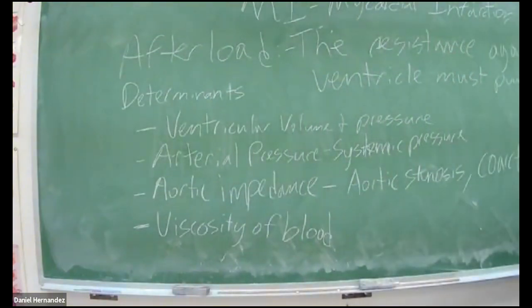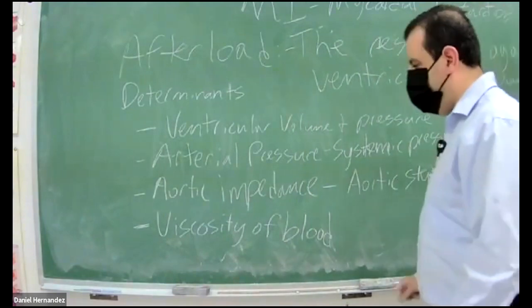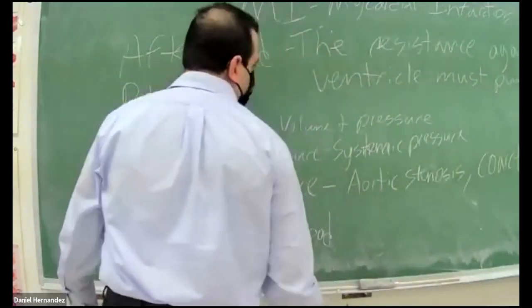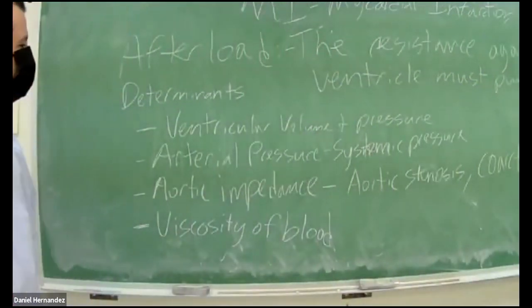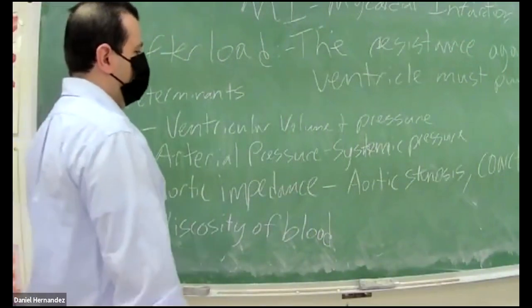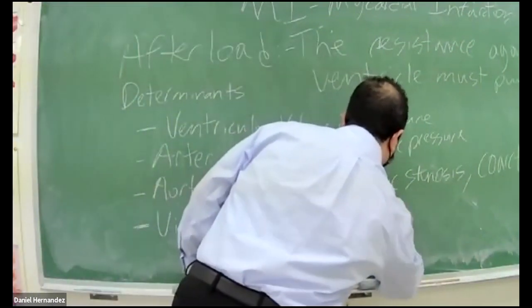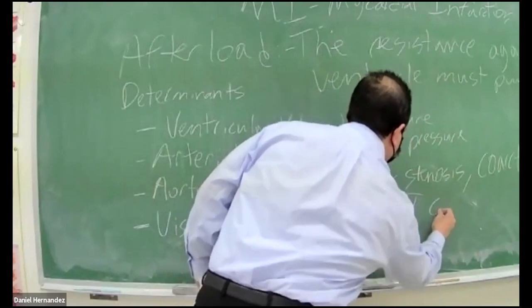Maybe they could have a mediastinal mass, anything that's going to impede the aorta. But definitely aortic stenosis is going to be our big one. LVOT obstruction.